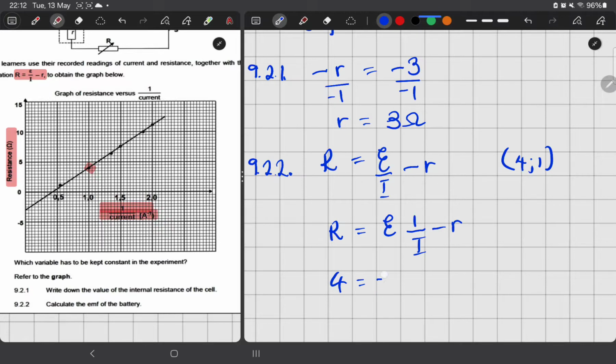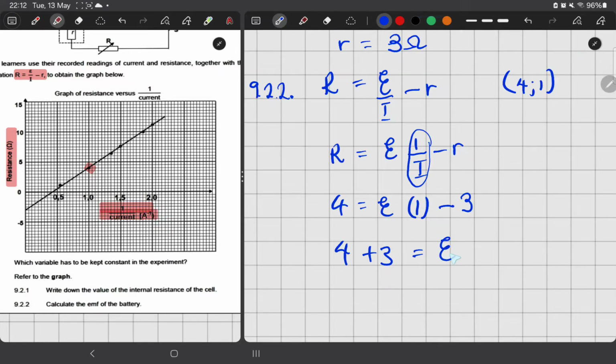I substitute 4, I'm looking for EMF. Now for 1 over I, I'm taking 1, minus 3. I've already calculated this one right there. So now I can solve for E. E times 1 will be E. I'm taking 3 to that side, it's going to give me plus 3. Therefore, that means my EMF has to be 7 volts.